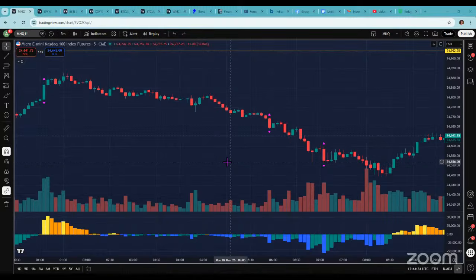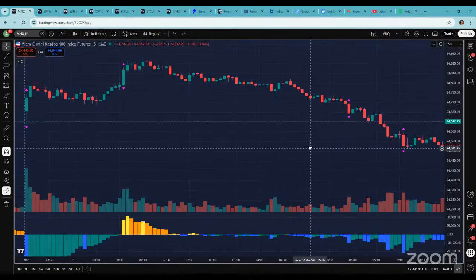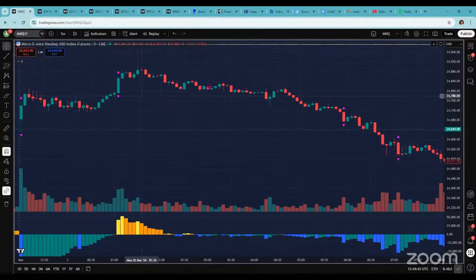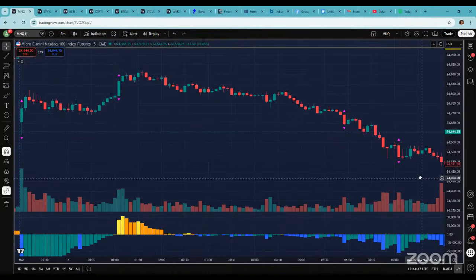Where was I? Okay. We were looking at the 5 minute chart for the MNQ and discussing, when you have a downtrend, what to look for as potential points of entry and also potential staging posts in the trend lower that would give you confidence to stay in the trend.